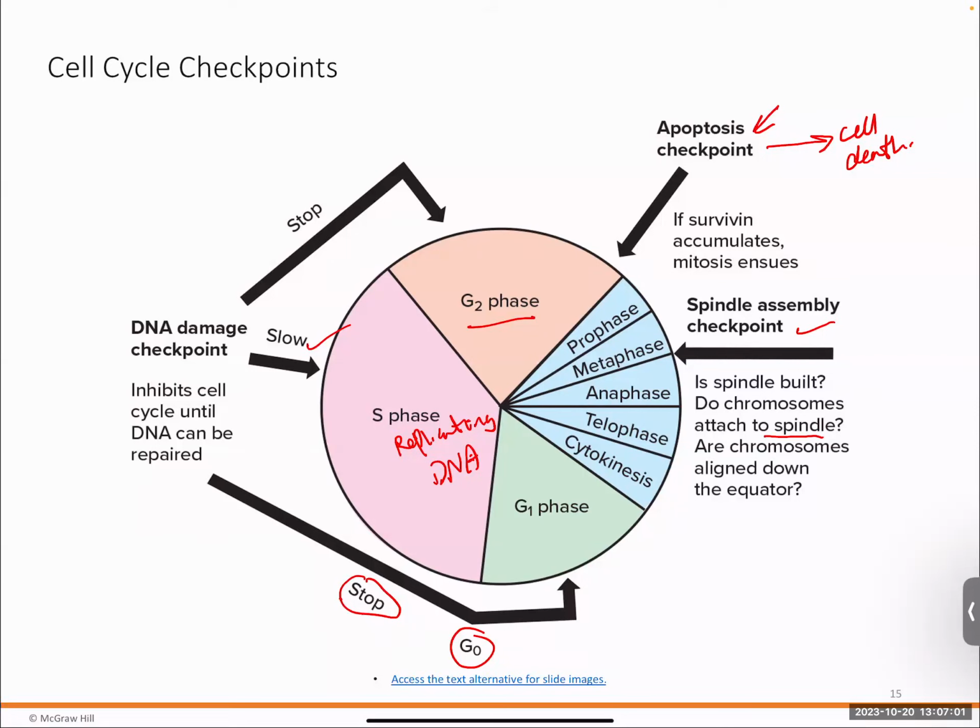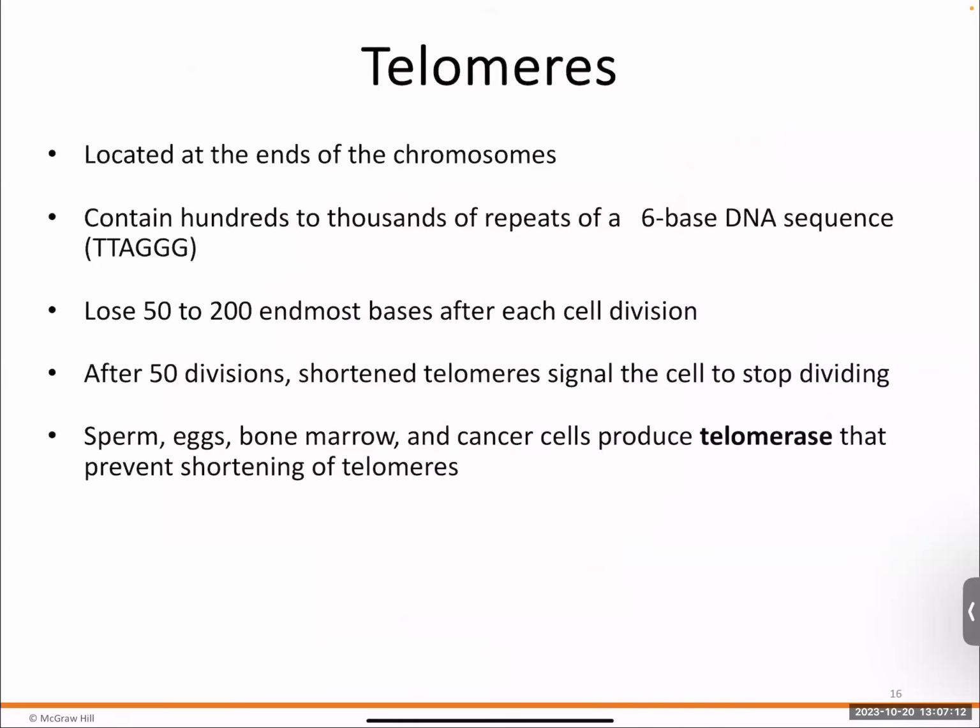And lastly, we want to make sure that they align perfectly at the equator, which implies the health of the actual spindles. So again, to highlight the importance, the cell doesn't just randomly go through cell division, creating two cells from one cell. You have a lot of checkpoints during that cell cycle.